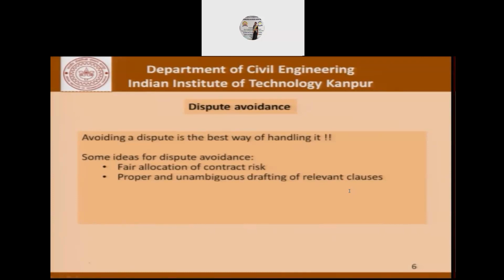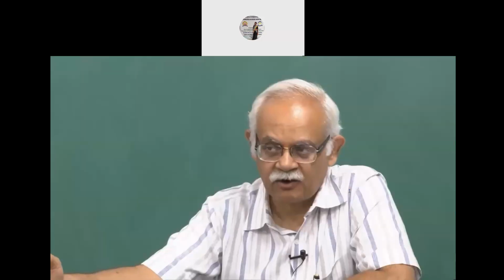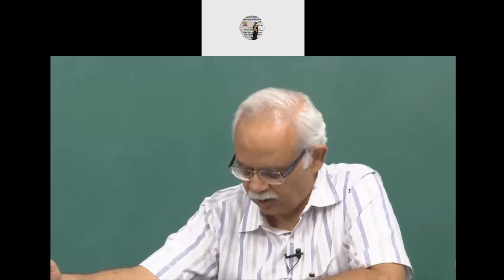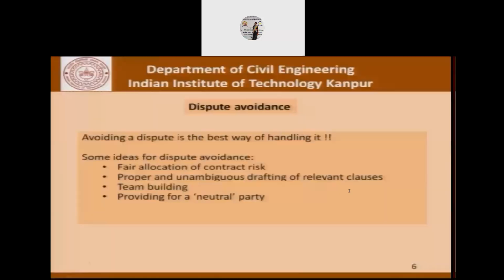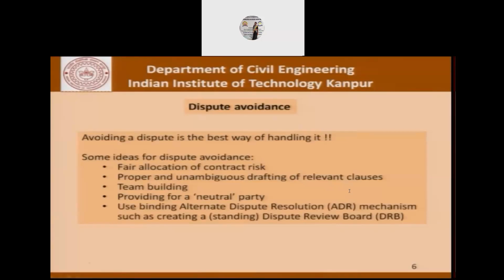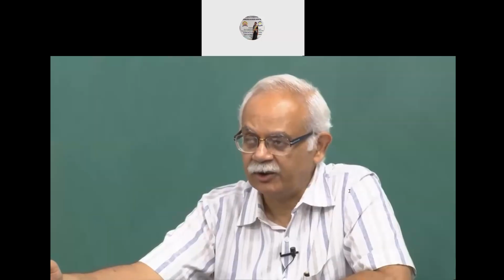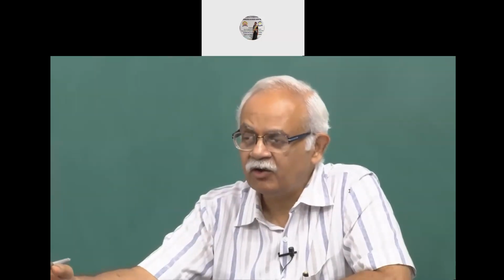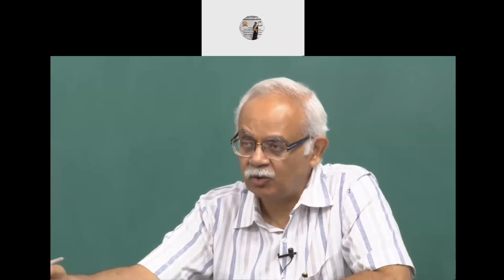A contractor understands the concept much better with the contract, especially those related to both parties. Then the class of disputes is small. Team building, providing for an equal party, and using alternate dispute resolution, also called ADR. These are steps that can help a long way in avoiding disputes.